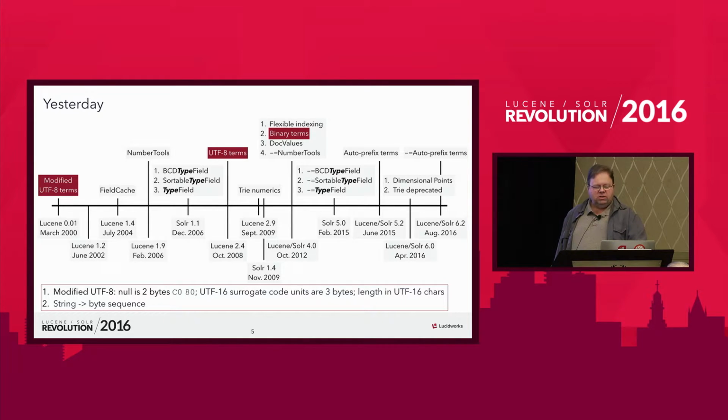So as you can see, in Lucene 2.4 in October 2008, the format switched away from this Java serialization format to true UTF-8 terms. And that laid the groundwork to be able to do full binary terms up until the moment they actually need to be used as strings or whatever other format they are, which happened in October 2012 in Lucene and Solr 4.0.